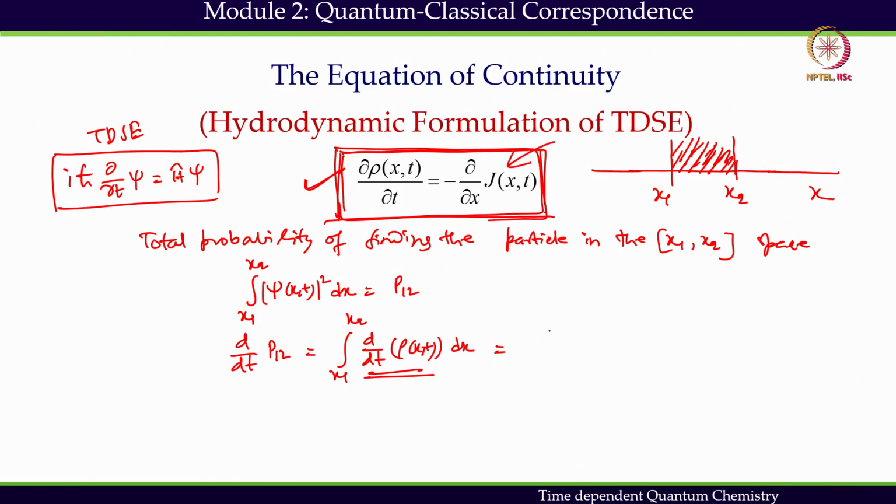So we will be able to replace it with the integral from x1 to x2 of the current dx, which is nothing but j x t from x1 to x2.